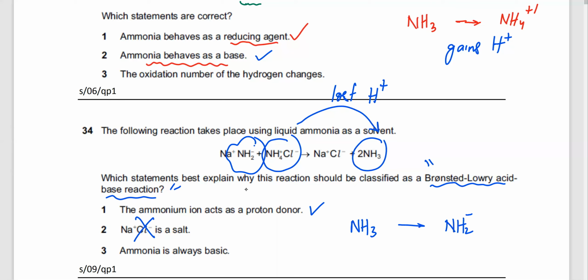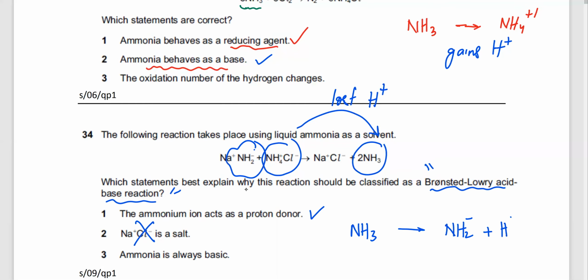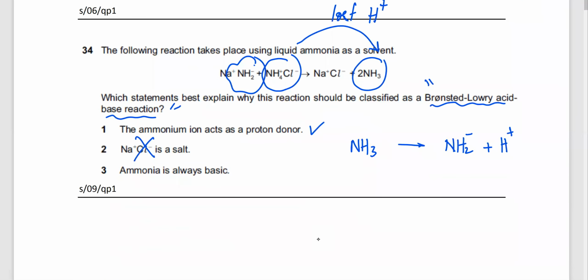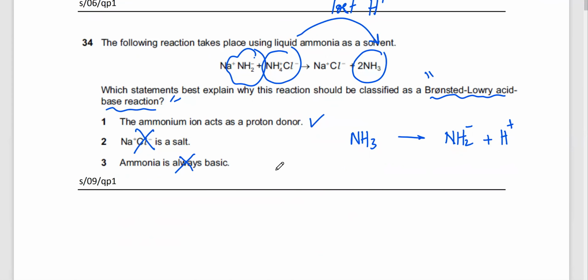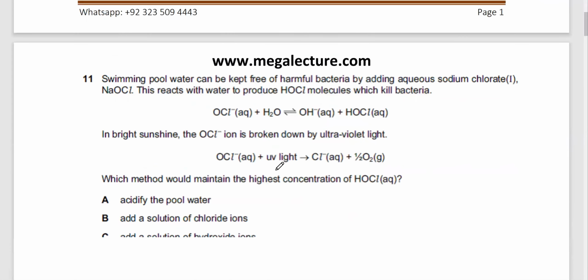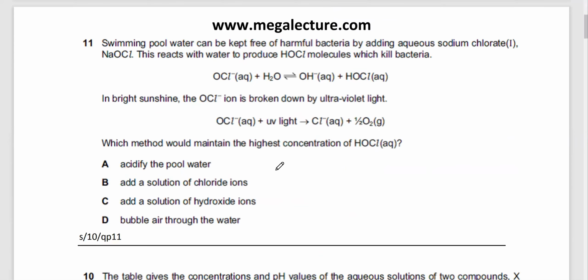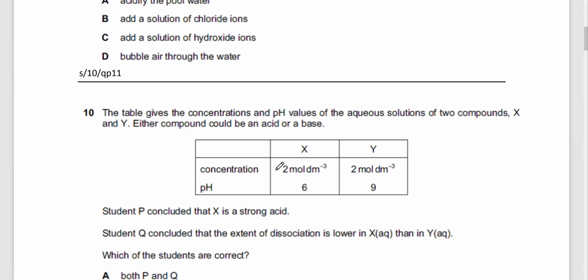If it does that, it's behaving as an acid. It lost an H+. So, ammonia is always basic? Not true. It could lose an H+ as well, as shown in the equation. Now the next one, we can ignore this. This is equilibrium.